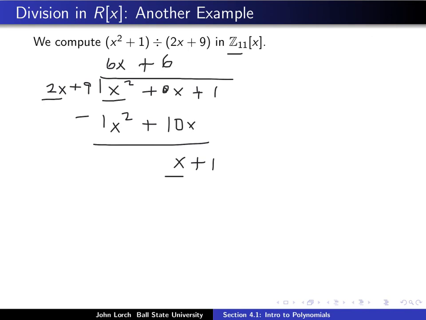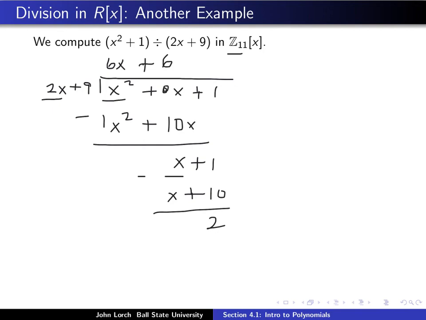But remember, 12 is really 1. So I just get an x there, and then 6 times 9 is 54, which again is 10. And we subtract here, and x minus x is 0. 1 minus 10 would be minus 9, but minus 9 is really 2 in Z11.